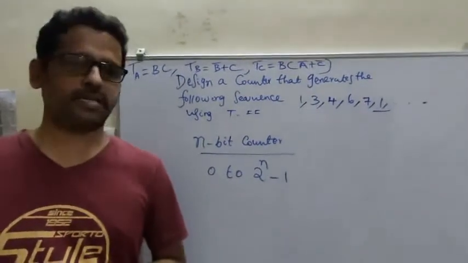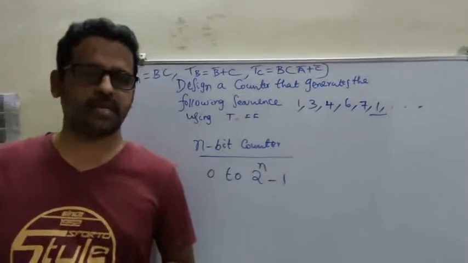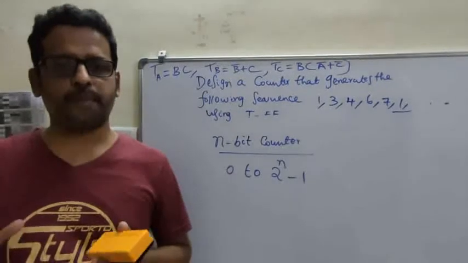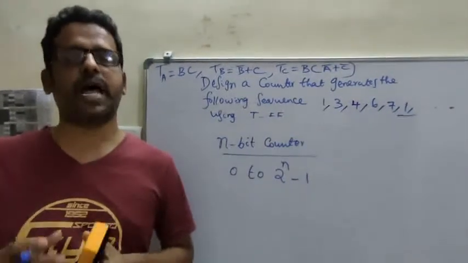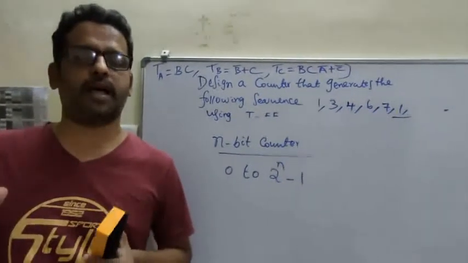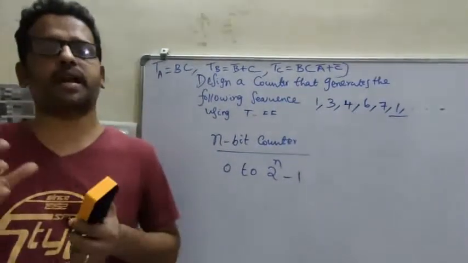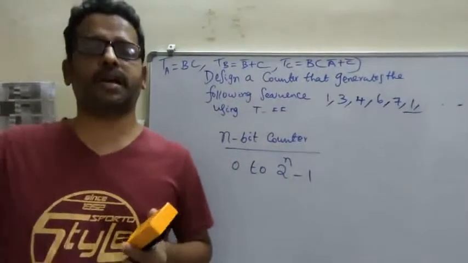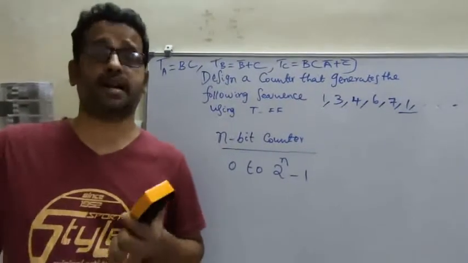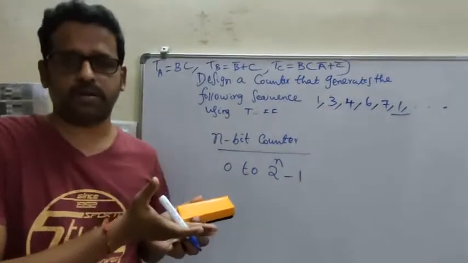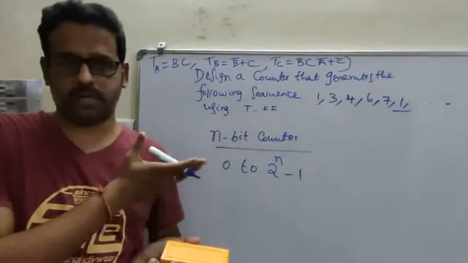Okay. So this is about the various ways of designing synchronous counters. And one more important point you should know is, if they specifically ask you to design a synchronous counter, a 3-bit synchronous counter, or a BCD synchronous counter, you should go with this model we have discussed so far.